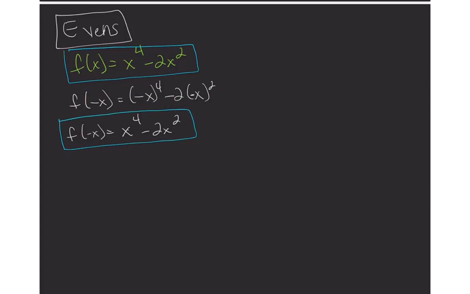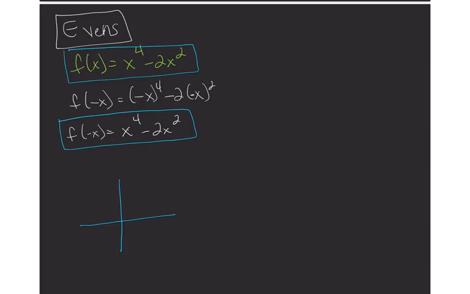Guess what happened? They're the same. So if you put in negative x and they come out the same, that's telling you that it's going to be an even function. So what that tells me, very generically, is that if I had my nice little xy coordinate plane, I'm going to be symmetric around the y-axis.